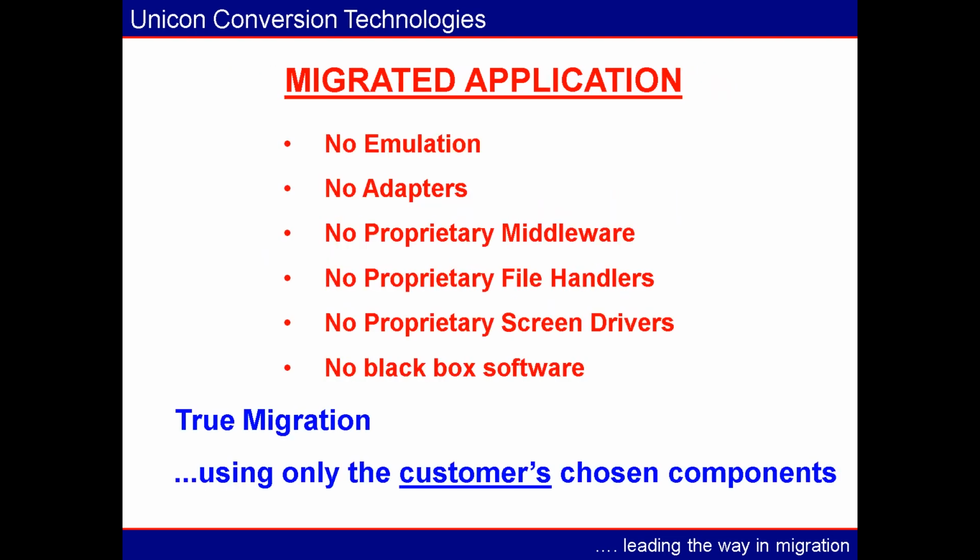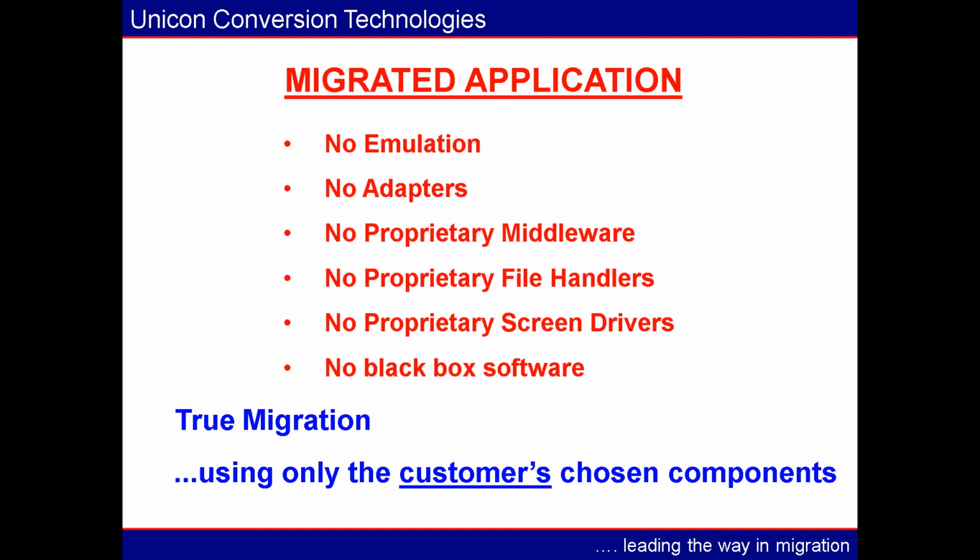The migrated application contains no emulation, no adapters, no proprietary middleware, no proprietary file handlers, no proprietary screen drivers, and no black box software. The migrated application is a true conversion to run on the customer's chosen platform using the customer's chosen component set.